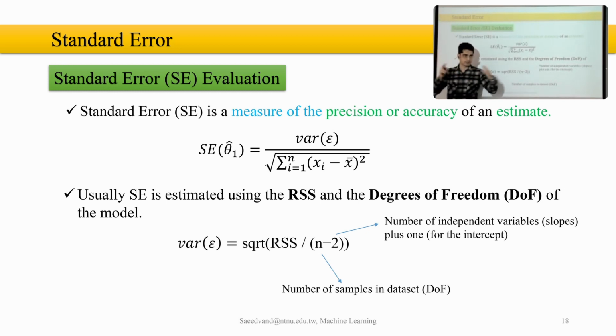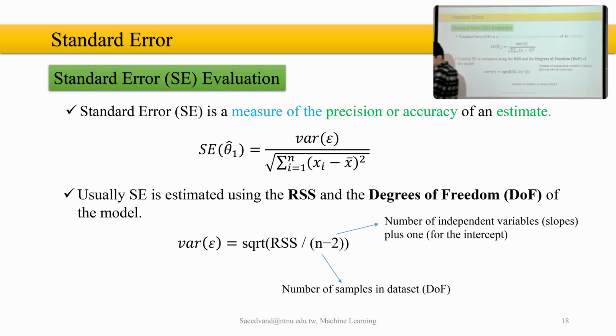So you have a data set. Degree of freedom indicates not the number of x's. It indicates how many samples I have in x. This is called degree of freedom here in this definition. Then degree of freedom is reduced by the number of independent variables plus 1. Here we have 2, because the independent variable that we defined in this example was 1, and we just add 1, then put it here.